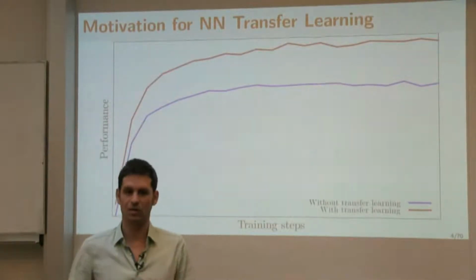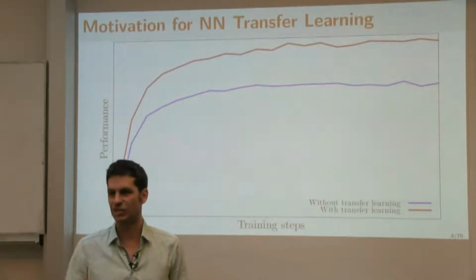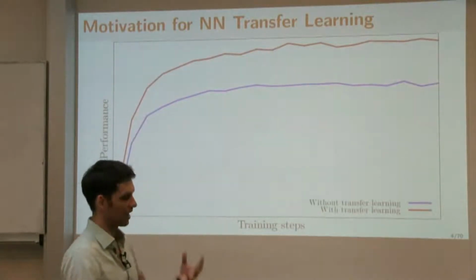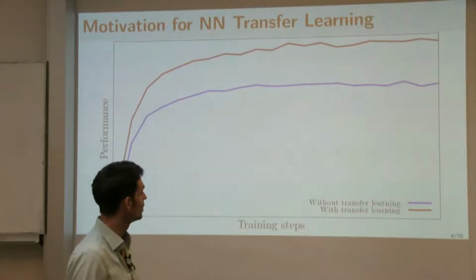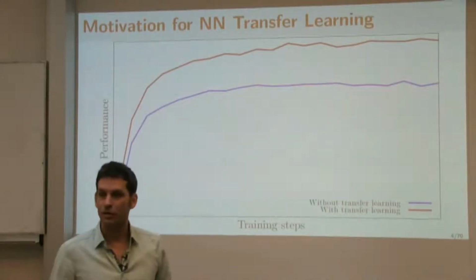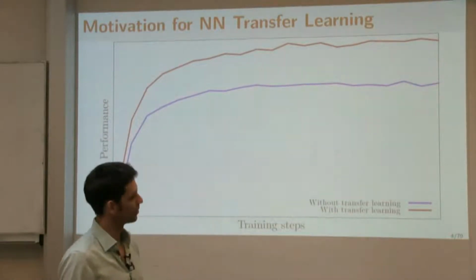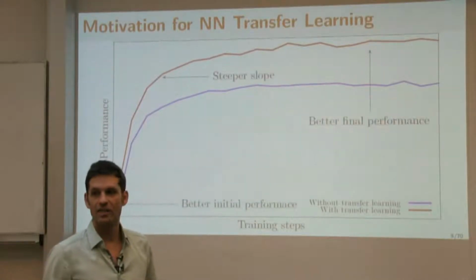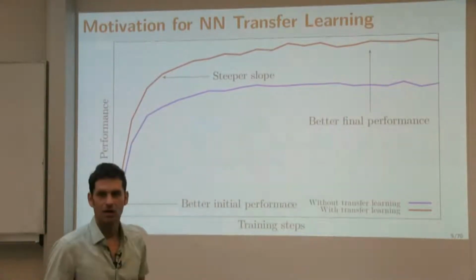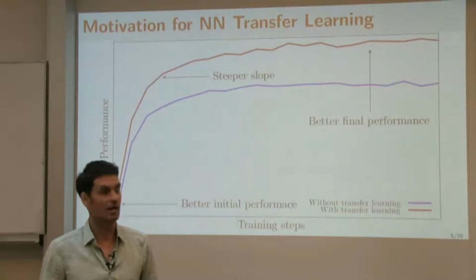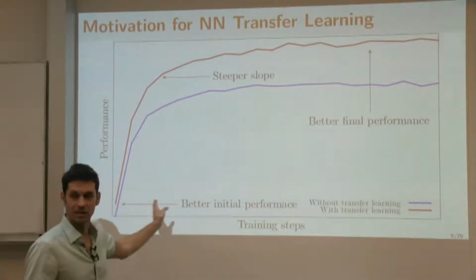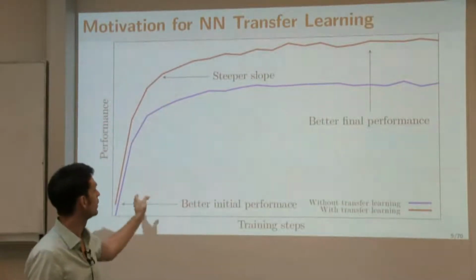If we somehow, in a clever way, put in the additional data from the other tasks, from the other language, then we would hope for this better curve, the curve with transfer learning. And there can be even 3 places where the improvements can appear. At the beginning, the initial performance could be better.